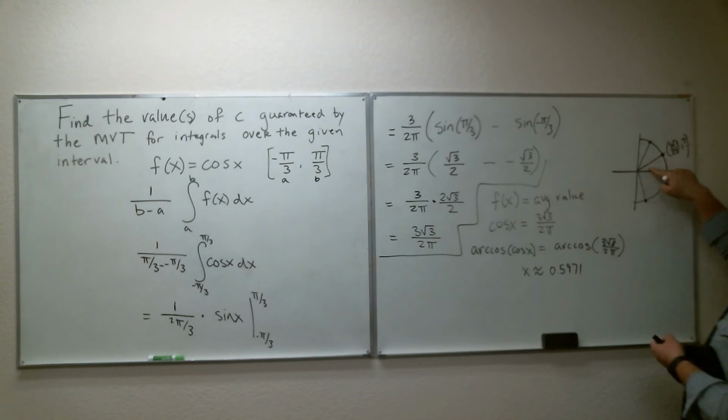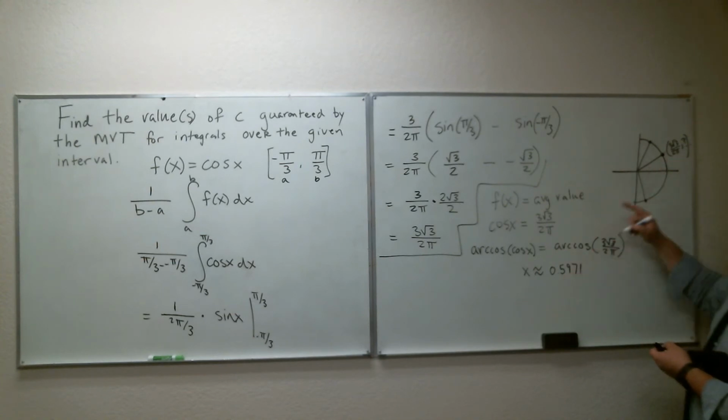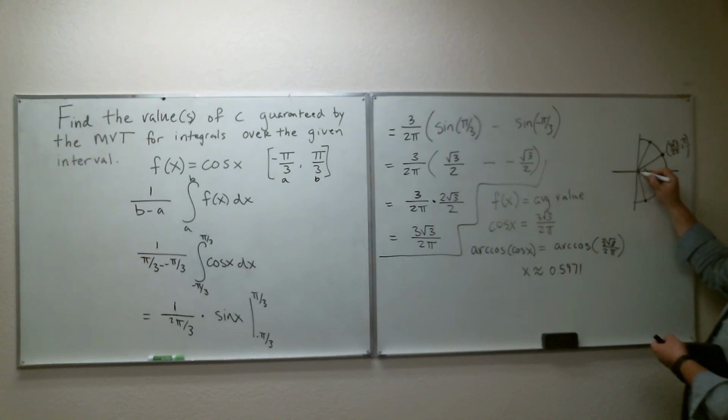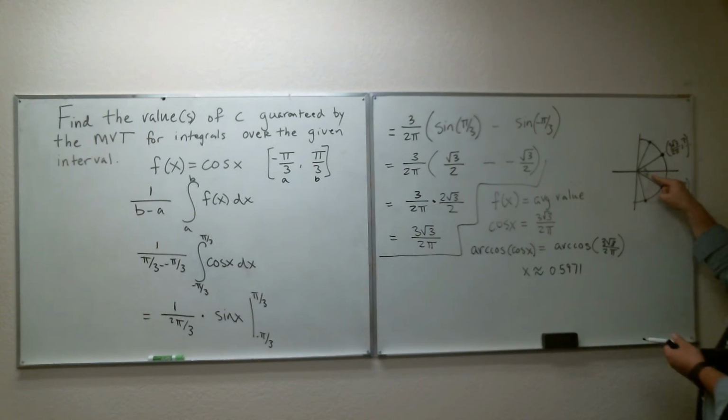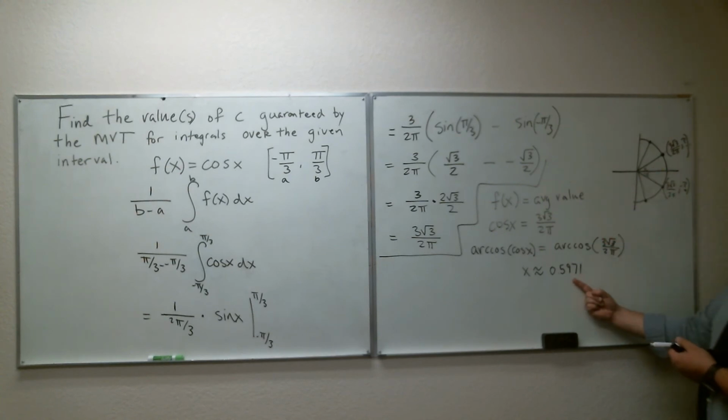But remember, we said this was that angle 0.59. So that's our x, 0.59. So we know that there is another angle right here, negative x, that also has the x coordinate 3 root 3 over 2 pi, comma, I'll say negative question mark, since the y value is going to be negative. So here we're going to have another value of x, which is going to be the negative of this x value.